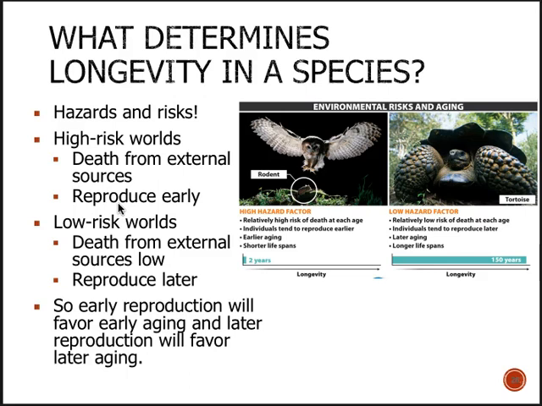If you live in a low risk world, though, where there's not a lot of predators, where individuals tend to reproduce later, that means that you're going to live longer and you're going to show signs of aging later in life. So what determines longevity in a species turns out to be hazards and risks.